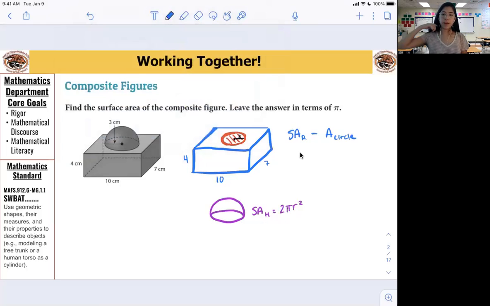What's the formula for that? Rectangular prism. Good. 2 times LH plus WH plus LW. And then what's the formula for area of a circle?